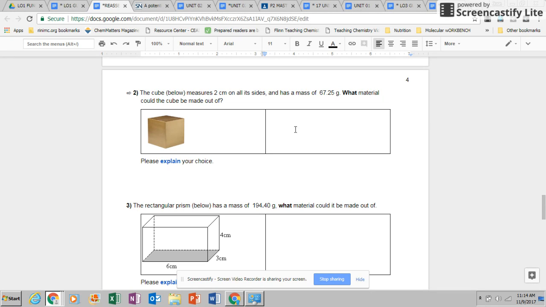So the mass is 67.25 grams divided by 8 centimeters cubed, and you would get an answer with the final units of grams per centimeter cubed.